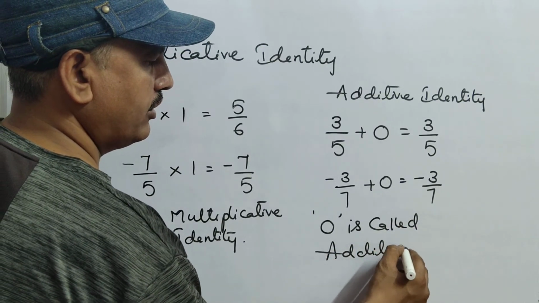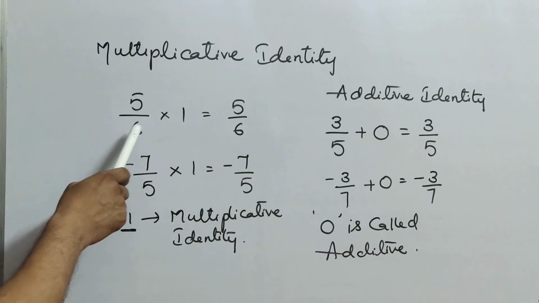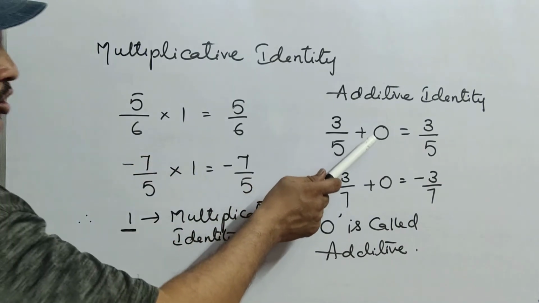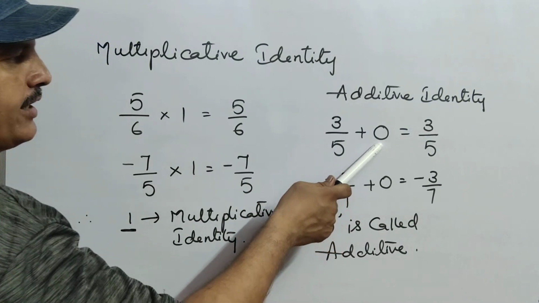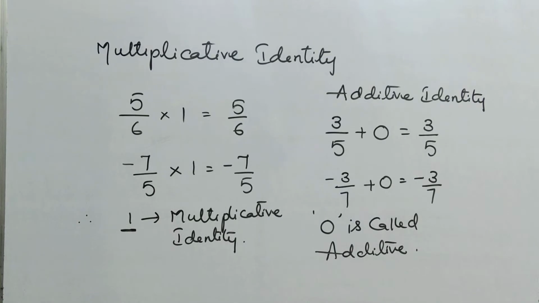So, what is multiplicative identity? 1 is called multiplicative identity. Why? Because if you multiply any number with 1, you get the same answer. Why is 0 called additive identity? Because if you add 0 to any number, you get the same answer. So that's why 1 is called multiplicative identity and 0 is called additive identity.